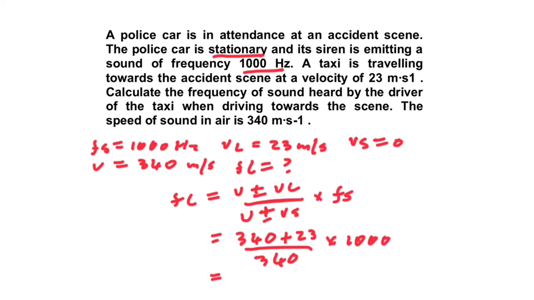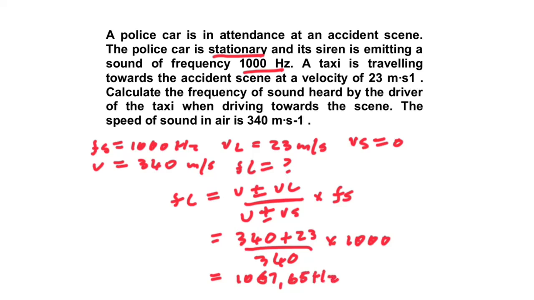So we are expecting the frequency that is observed by the listener to be more than 1000 Hertz, to be more than that which is emitted, because the listener is moving towards the source. We have 1067.65 Hertz.